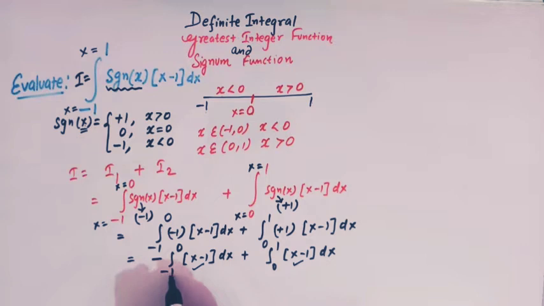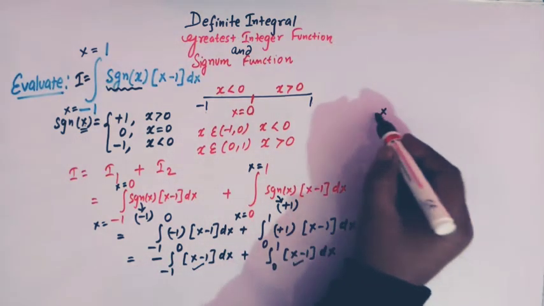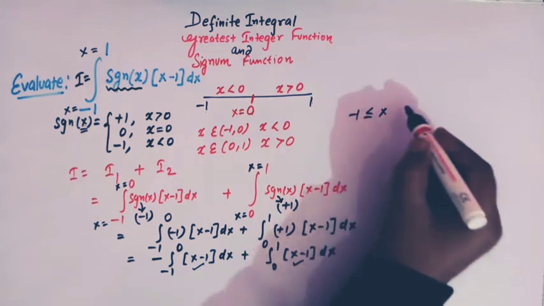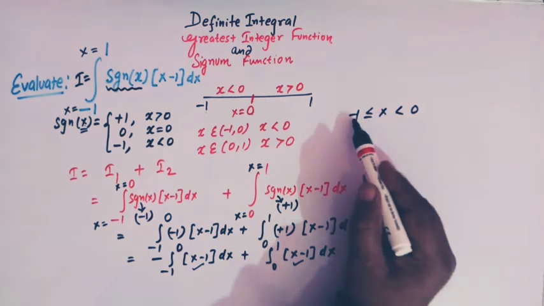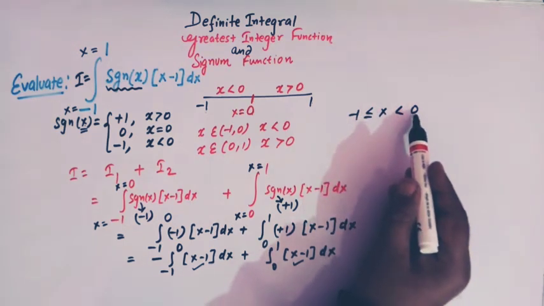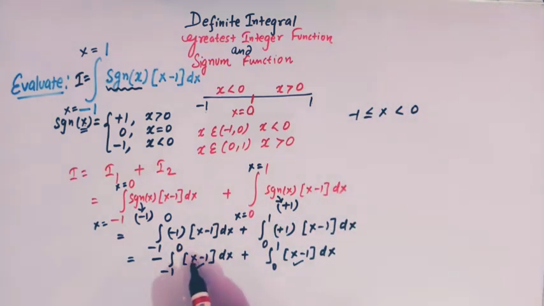So let us first take this one, and here we see that when x varies from minus 1 to 0, then we have to see the value of this greatest integer function, right?